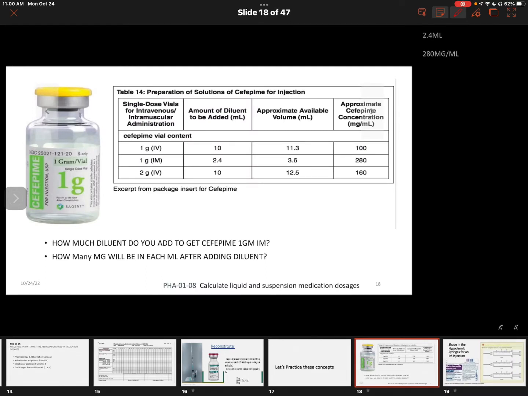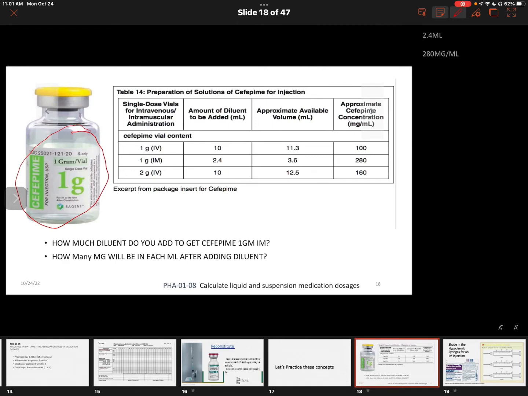This right here is a handout or a chart that comes with this bottle of medication. As you can see on the front of this bottle, this is cefepime, and this bottle contains 1 gram of medication, but it's powder.